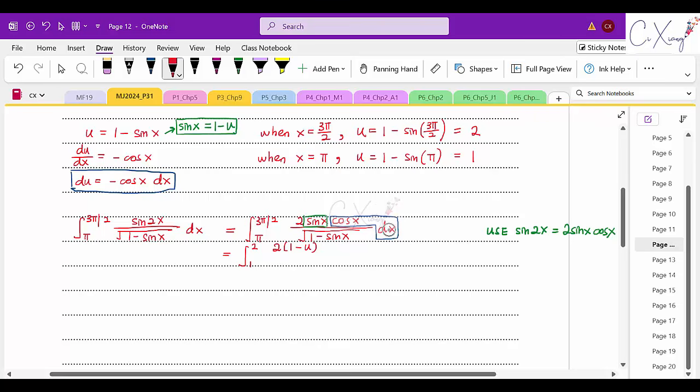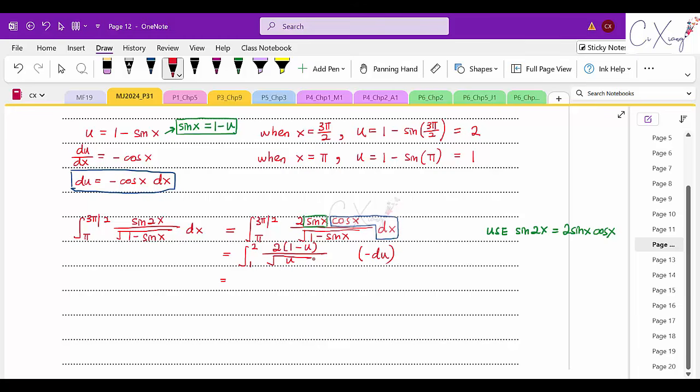The blue color cos x dx, I will get negative du, so I put it at the back. Then divided by my fraction. So what's the fraction I get here? Square root 1 minus sine x. So 1 minus sine x, I get a u, so I'm having square root u at the bottom. Okay, so from this step to this step, you can see that we have changed all the x to u.